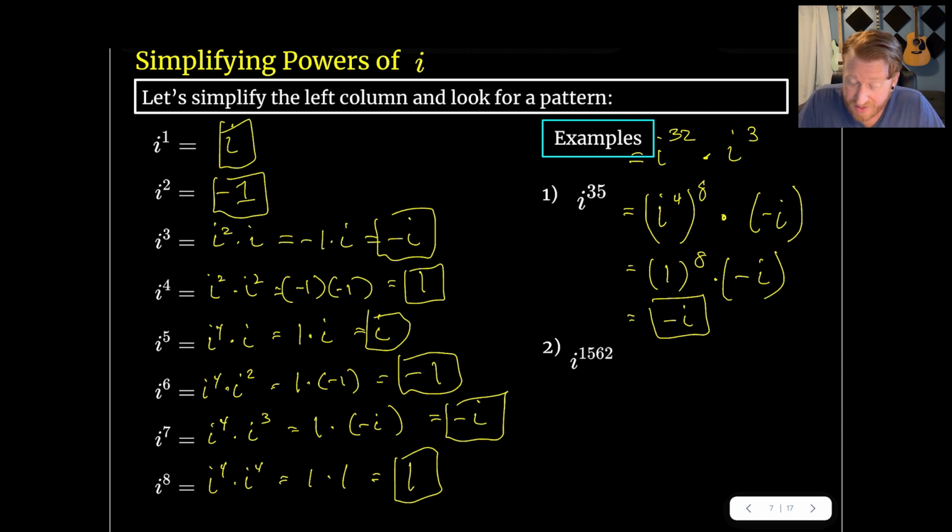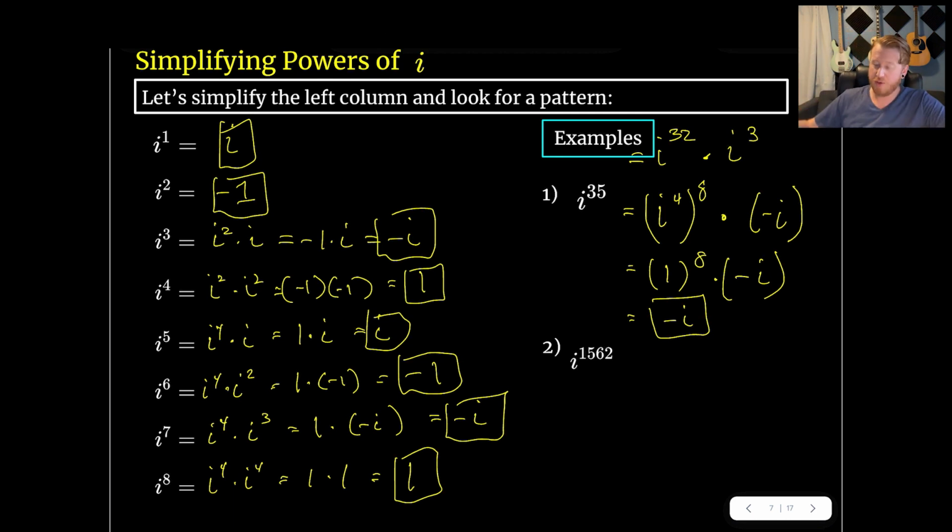We have i to the 1,562, which is a big number. But if you recall, or maybe I'm just asking you to recall, that 100 is a multiple of 4, right? 4 times 25 is 100. So any multiple of 100 will also turn into 1.